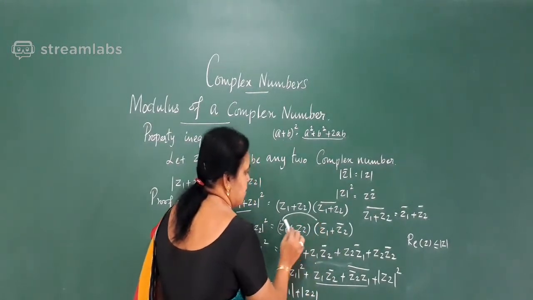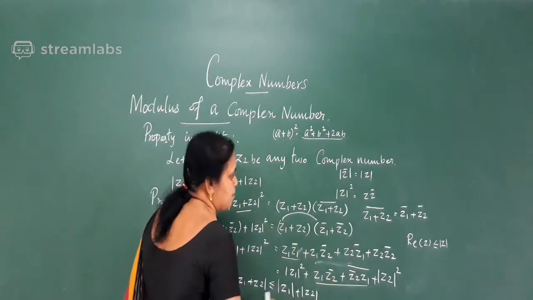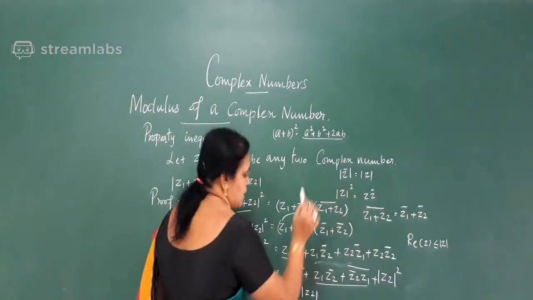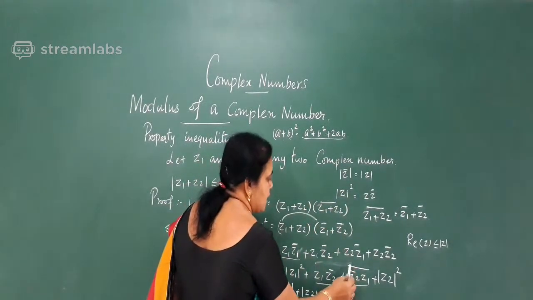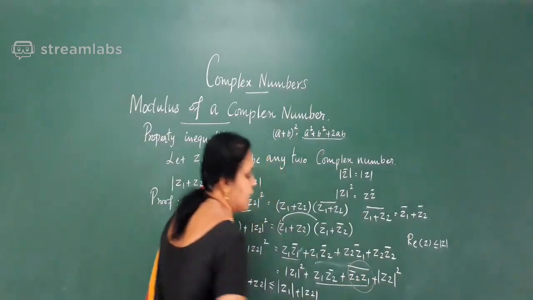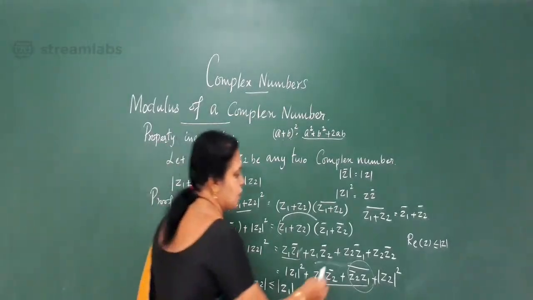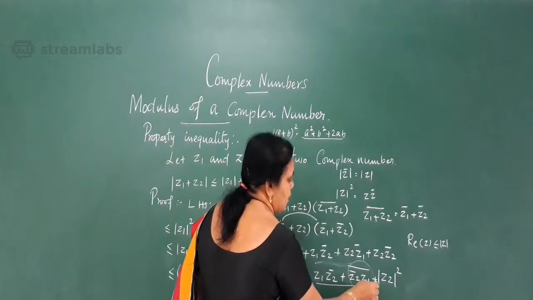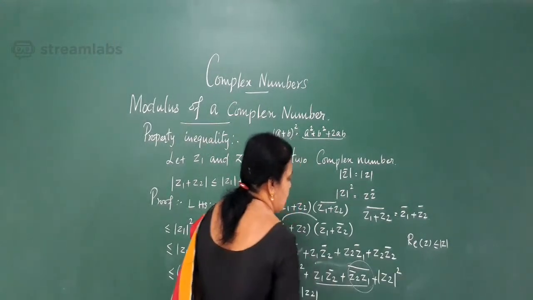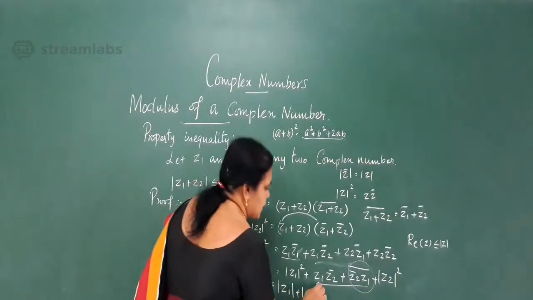In the third step, I multiplied term by term and got this. Here z z bar is equal to modulus z1 square plus z1 z2 bar plus, for our convenience I just modify z2 z1 bar to z2 bar of bar z1, plus mod z2 square. So see, this is z1.